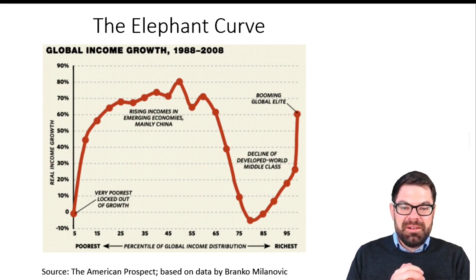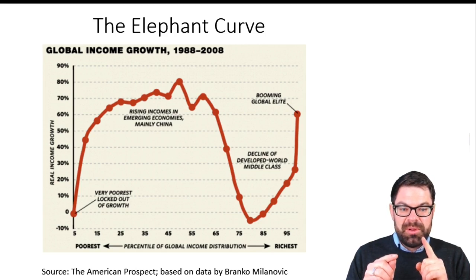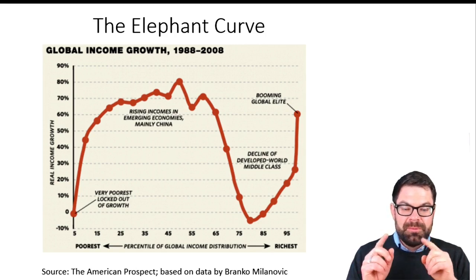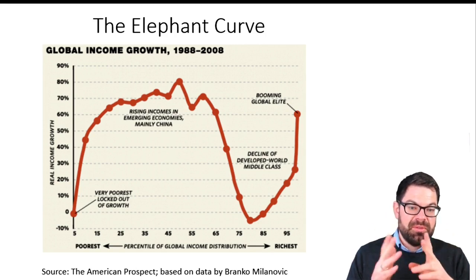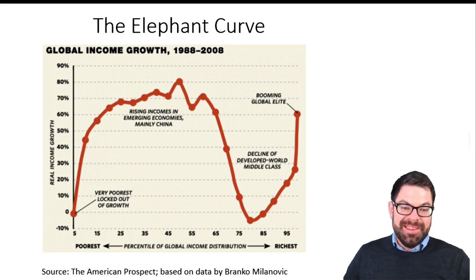And here we have something very interesting, and here is the reason why so many people in what used to be called the Western Hemisphere, so North America and Europe, are so concerned with inequality, because these are the societies that have been here in 1988.